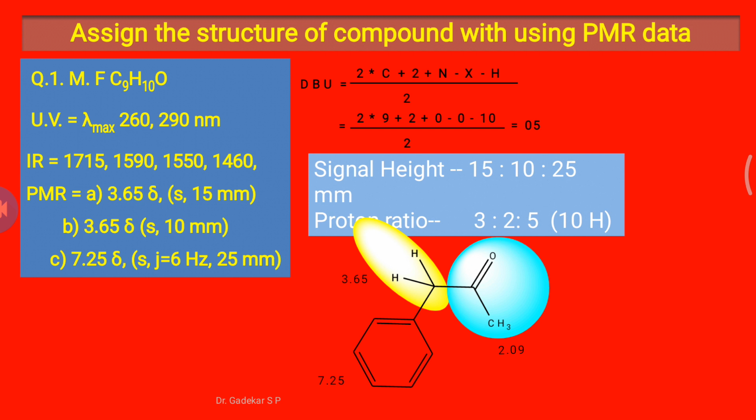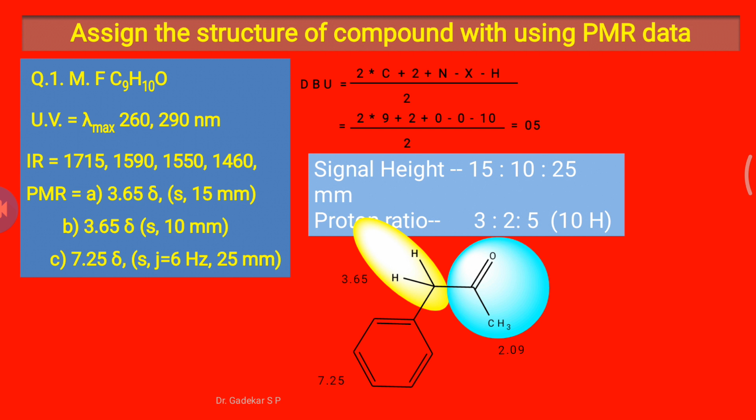It's a singlet, but here the coupling constant is given as near about 6 hertz and the peak height is 25 millimeter. So this information helps in the structure determination.